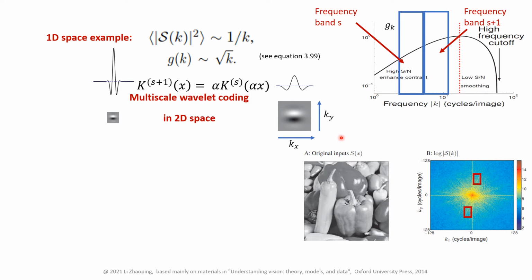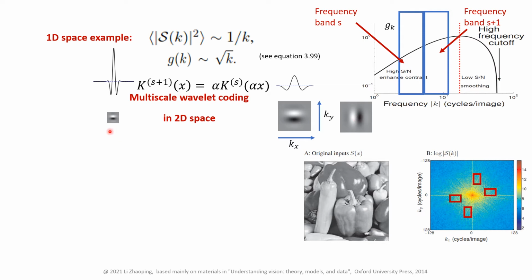Now, if another band of frequency is selected, for example, this one, now the horizontal frequency is higher than the vertical frequency, then you can imagine this will be the residual field shape. It will be oriented vertically.